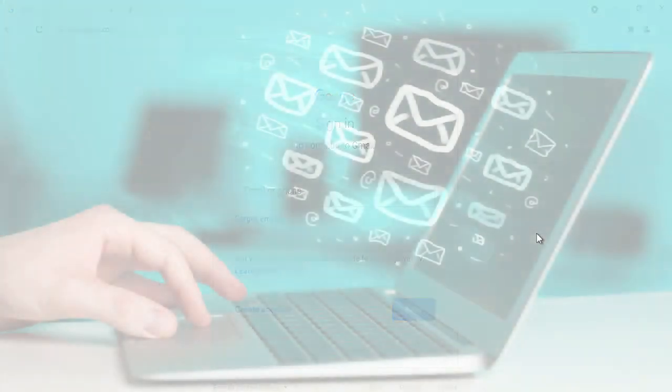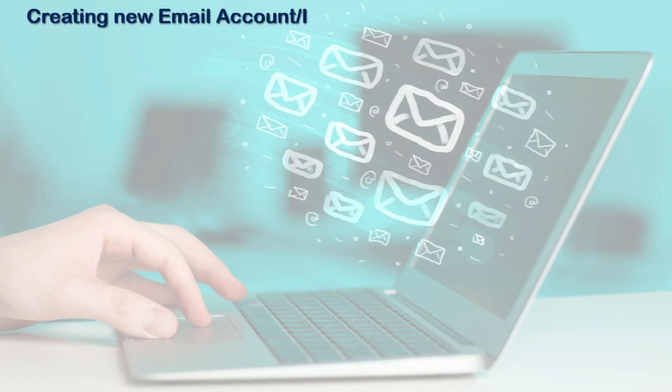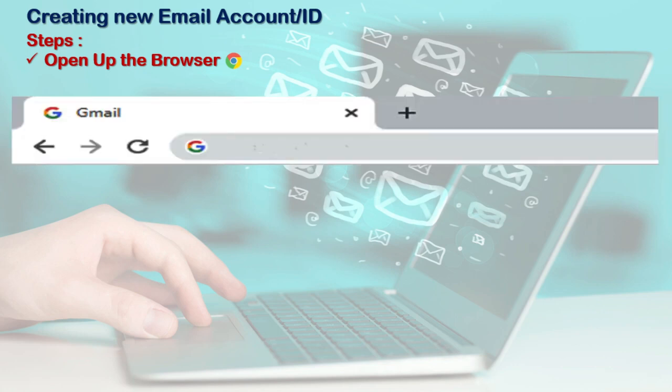Now in the next section, we will learn how to create a new email account, or in short, an email ID. Some steps need to be followed. First step is to open up the browser. Currently we are using Google Chrome, so click on the Chrome icon. The Chrome browser shows on your screen.